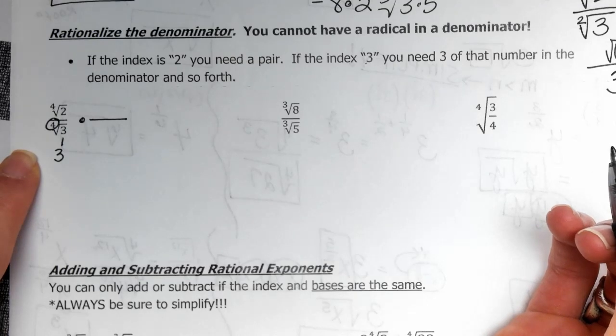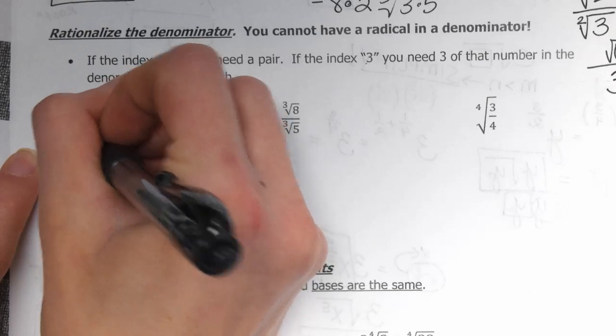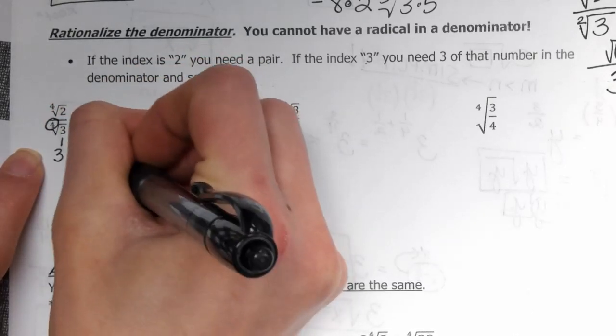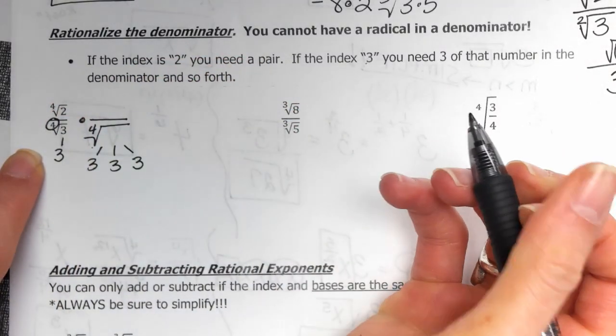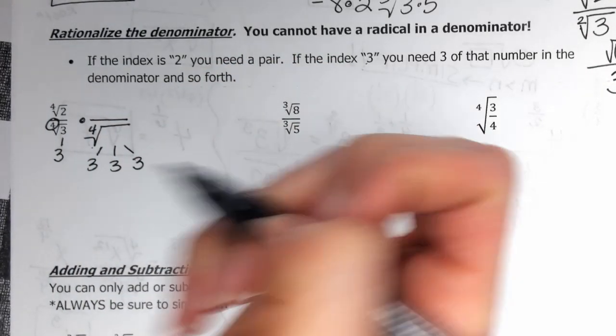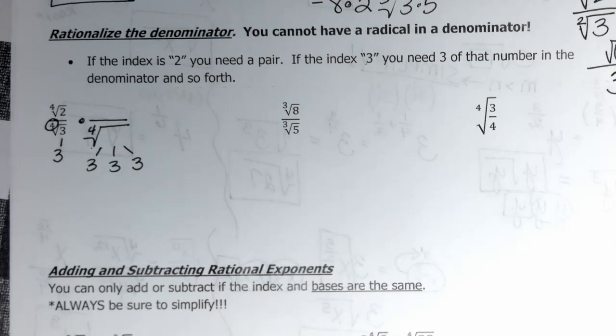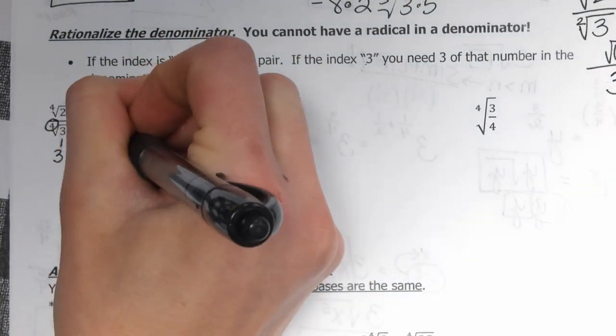So how many more do I need? 3. I need 3 more. What is 3 times 3 times 3? 3 times 3 times 3. 27.